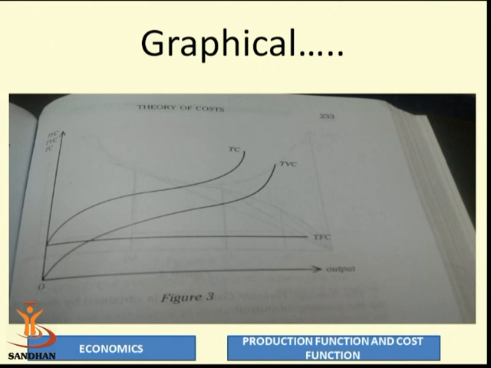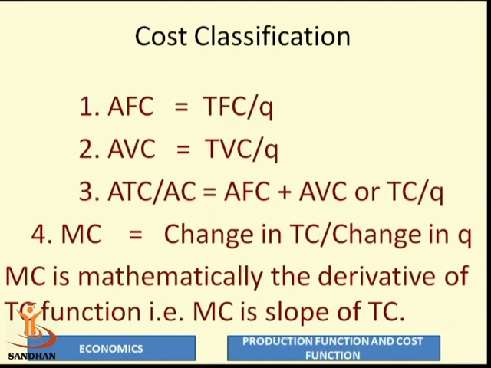So we can say that the slope of TC here is exactly caused by the slope of TVC. In other words, we can say delta TVC is nothing but delta TC. Or the other way, delta TC is nothing but delta TVC. Because the change in TC will be exactly equal to the change in TVC since TFC remains constant.